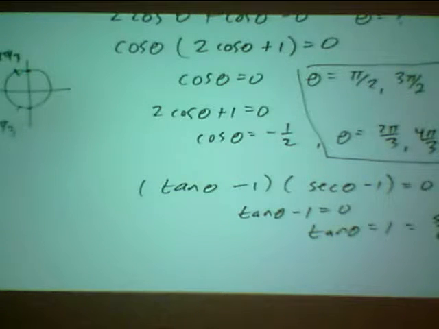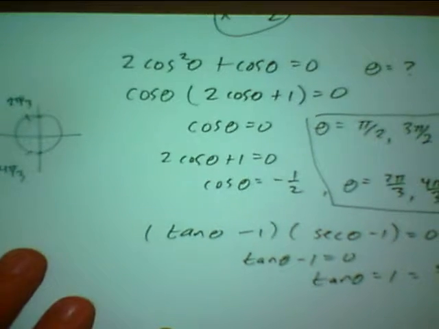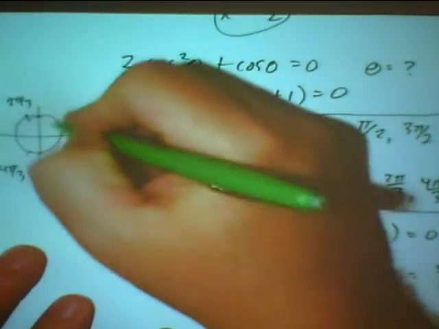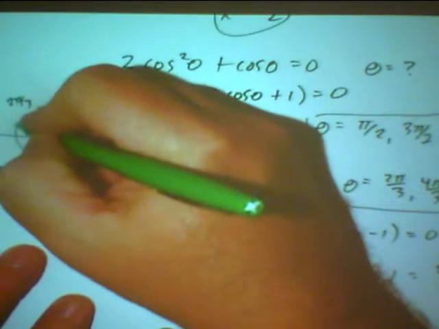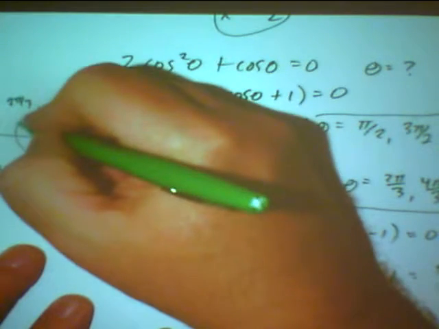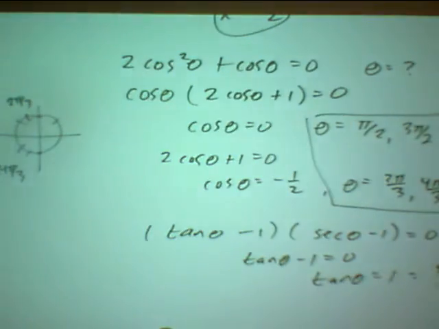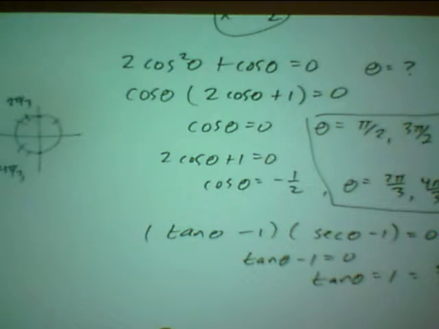Because when I divide them, they have to equal 1. And if I go to my unit circle, where are the sine and the cosine the same? Well, at each of these middle points. Or actually not all of them.